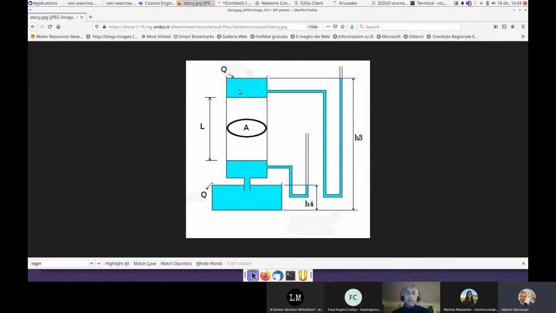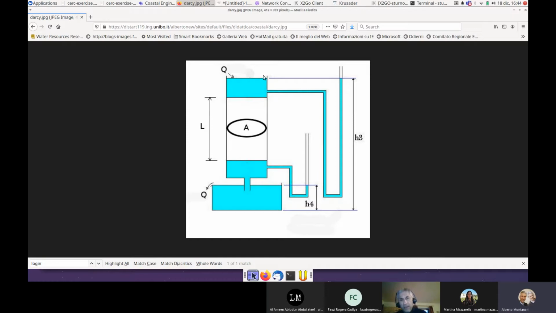Okay, now the column of water is infiltrating through the medium. The medium has a cross-sectional area A, and the water coming out of the medium is collected in this bottom pool, and the water is left free to overflow, so that the water level in the bottom pool is kept constant. Very good. So what is the gradient of the hydraulic head?